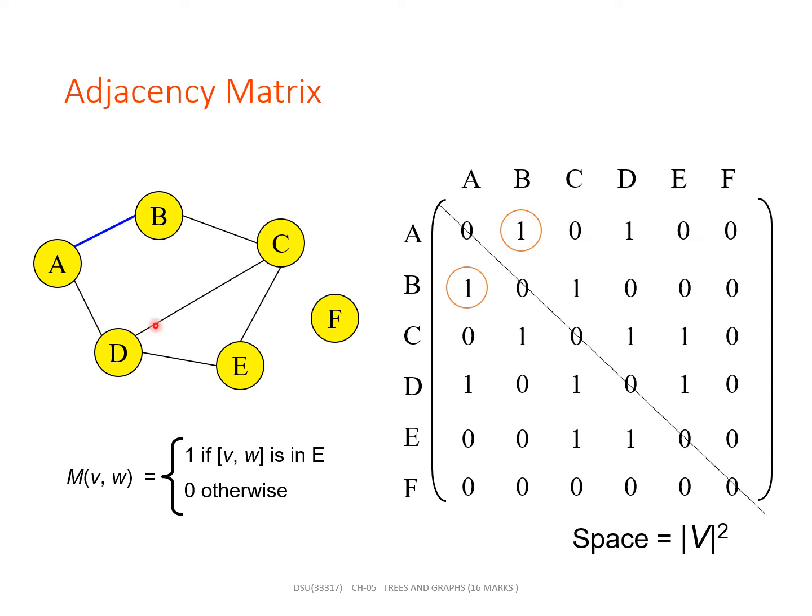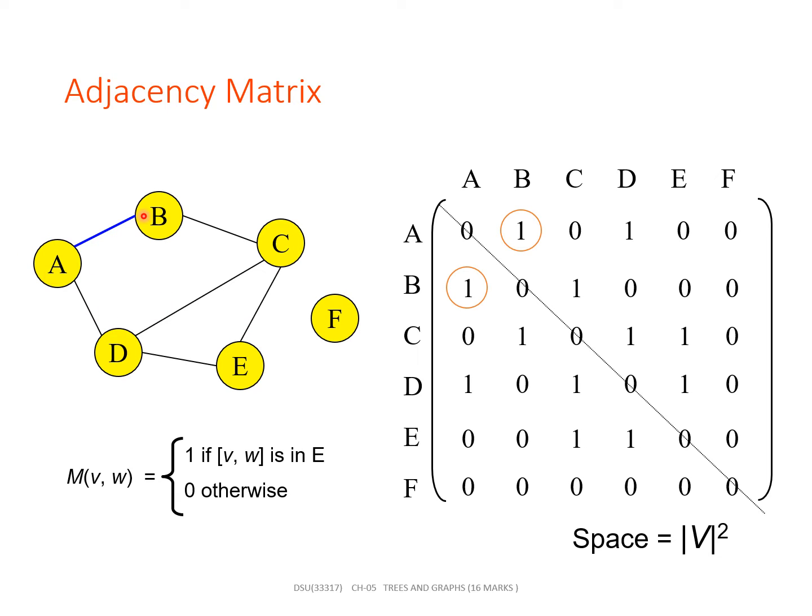See here the adjacency matrix. Again, we are aware of how to form the adjacency matrix. We have to write columns and rows: A B C D E F, and again A B C D E F. A to A is 0, A to B is 1, A to C is 0, A to D is 1, A to E is 0, A to F is 0.